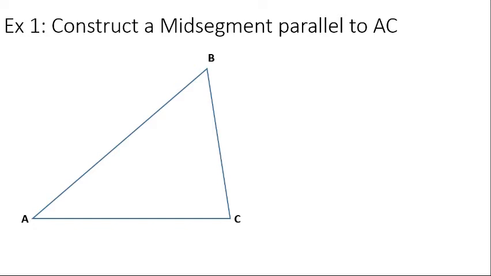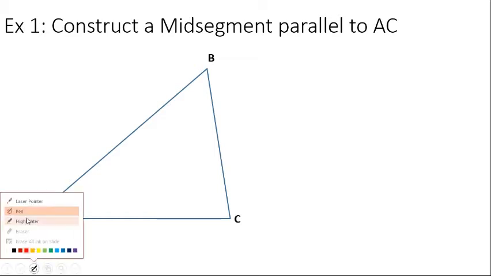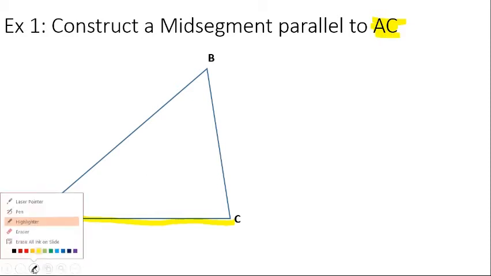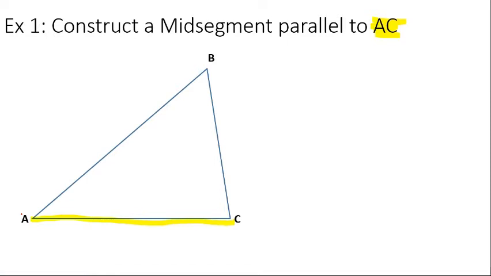Here we want to construct a mid-segment parallel to AC. So the way we do that is we first start off by, so we want it to be parallel to this segment that they tell us here. So the way we do this is we find the midpoints. So if you look on BC here, we kind of find a midpoint.